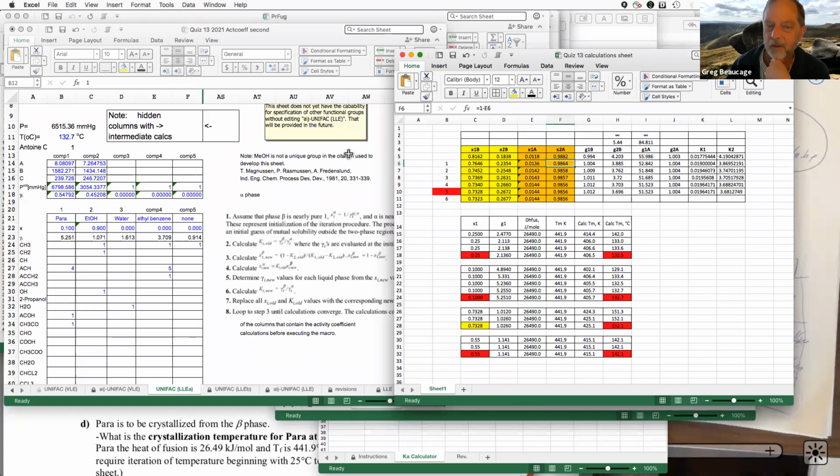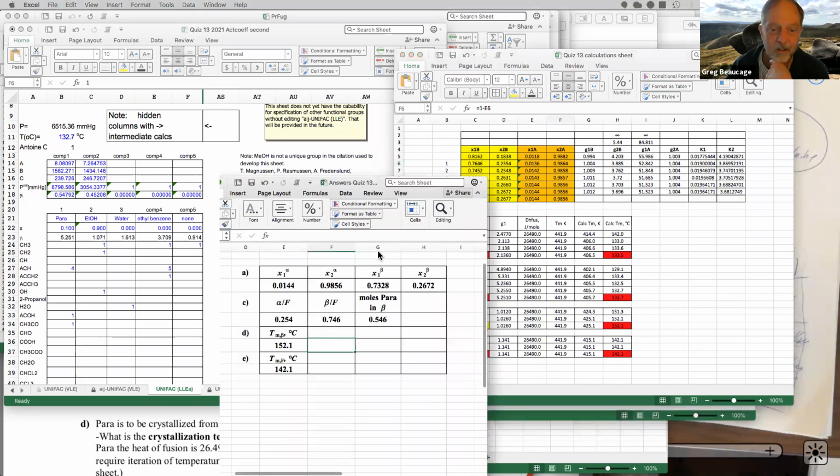So you plug those numbers into the activity coefficient calculator, get the gammas, and then repeat until you do it 5 times and you get the composition. So that's the compositions here after 5 iterations.